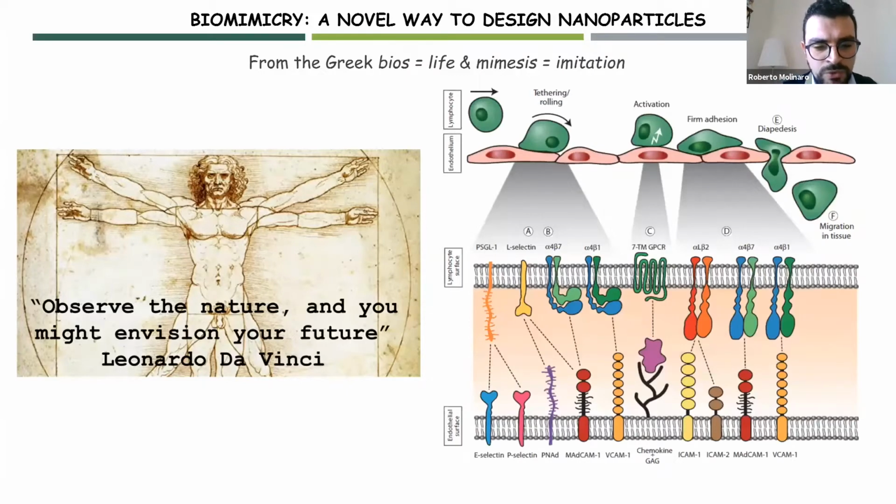So we thought to make nanoparticles that could look like macrophages in order to exploit these peculiar properties of macrophages or leukocytes in general to escape the immune system and at the same time target the inflamed vasculature and the inflamed tissues.